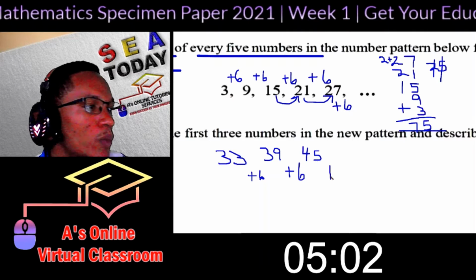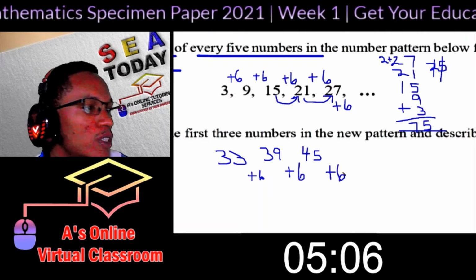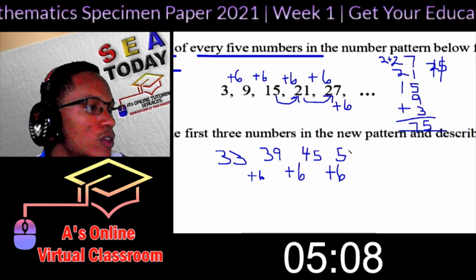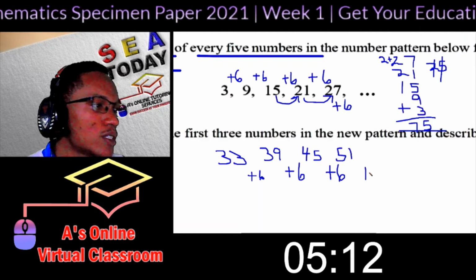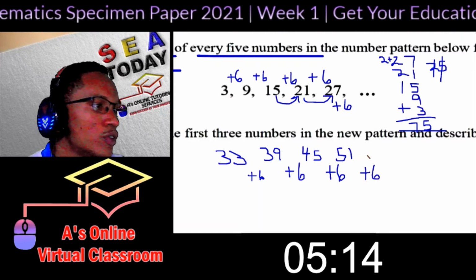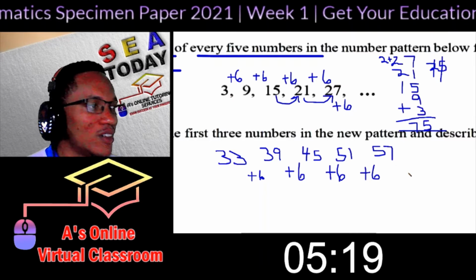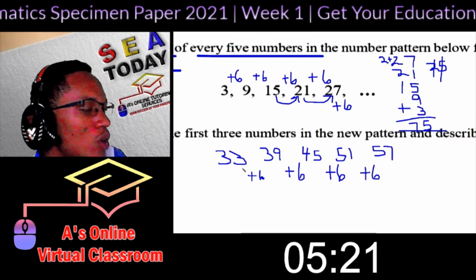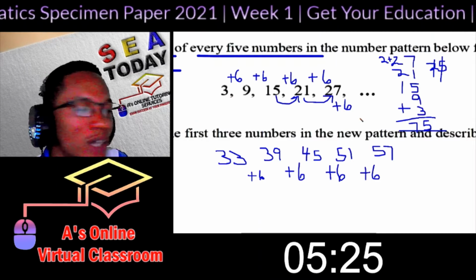We want 5 numbers, so we add 6 again. 45 plus 6 is 51. 51 plus 6, we want one more. 51 plus 6 is 57. So we now have the next 5 numbers in our number pattern.